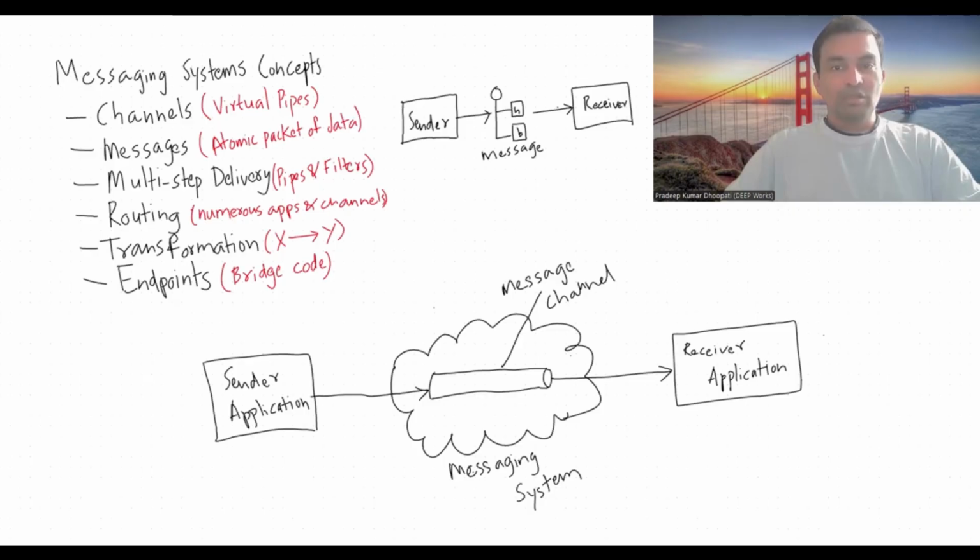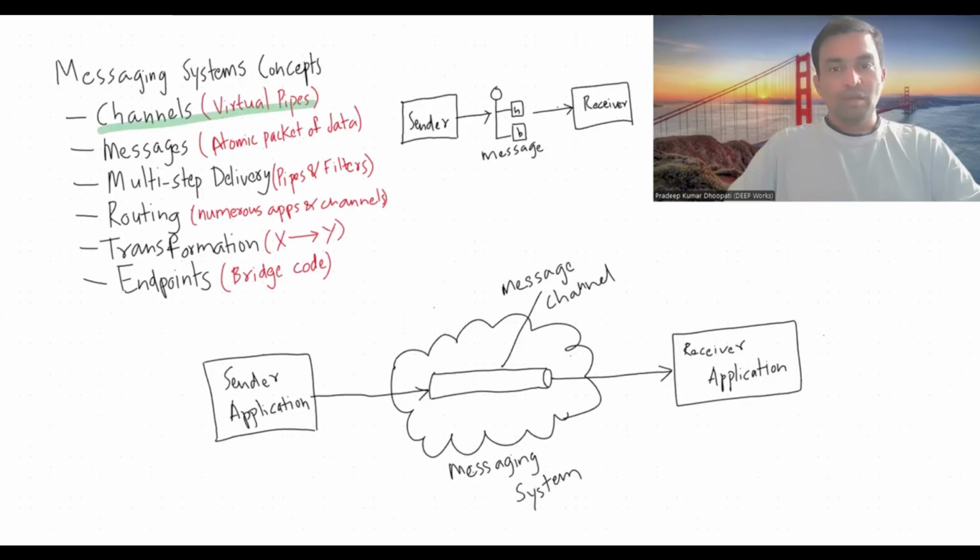Like most technologies, messaging involves certain concepts. The first concept is channels. A channel in a messaging system is like a virtual pipe which is connected between the sender and the receiver, and this channel is responsible for sending the message data from the sender's application or computer to the receiver's application or computer.